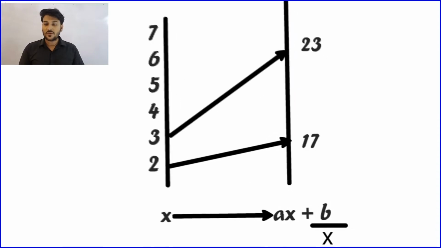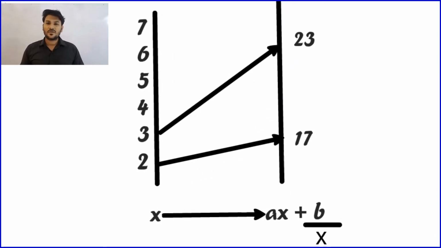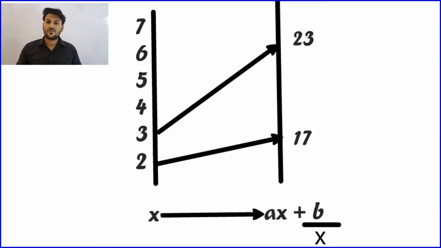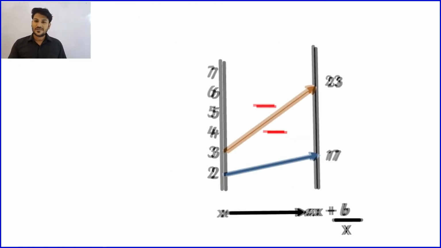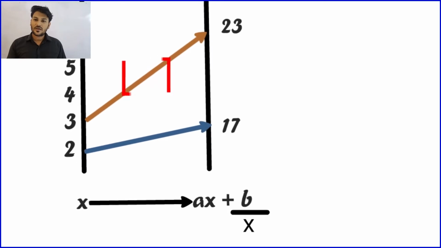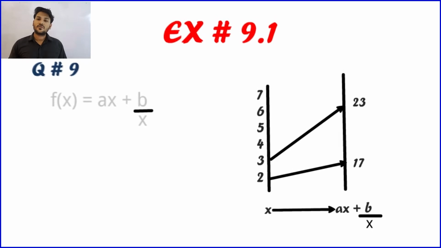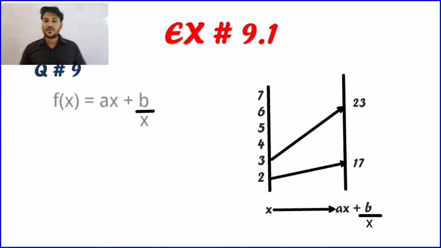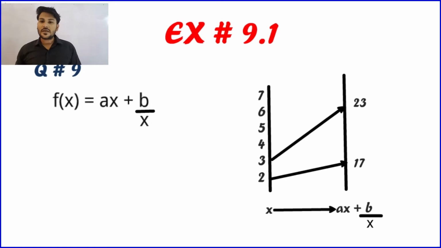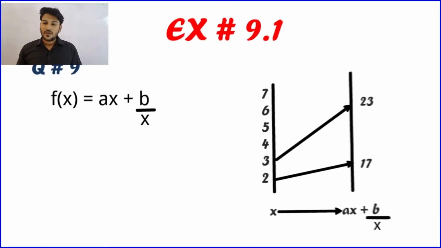A diagram is given, and in this diagram numbers, lines and arrows are all present. How will we understand this question? See that an arrow starts from 2 and ends at 17, and similarly an arrow starts from 3 and ends at 23. It means the left side is the domain and the right side is the range, or say image.